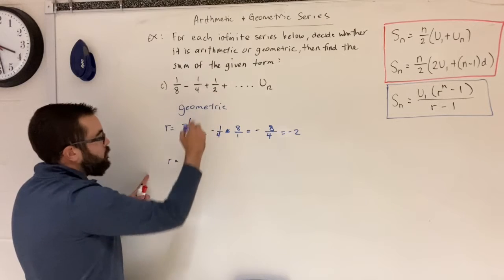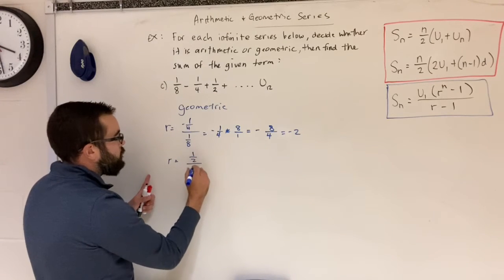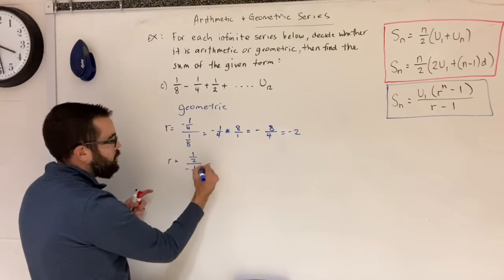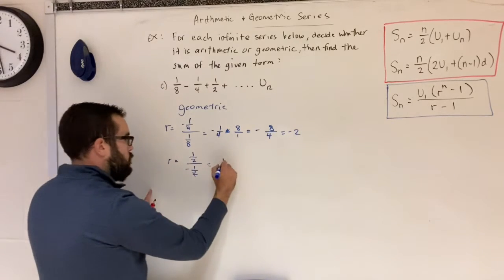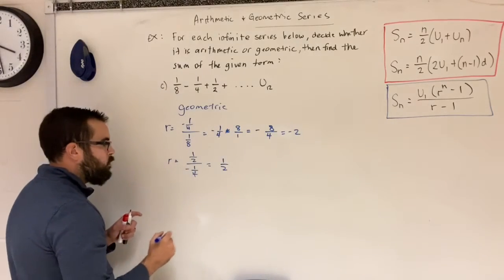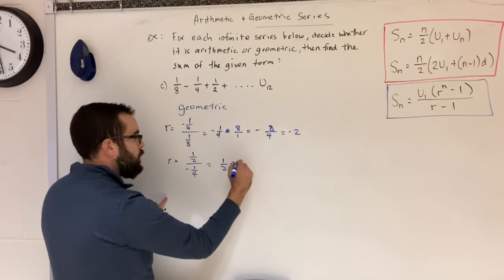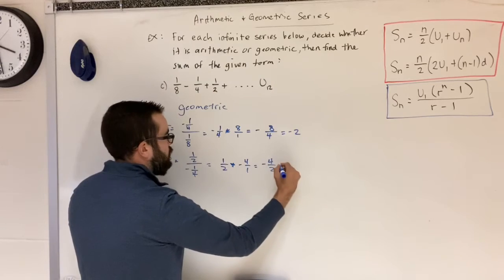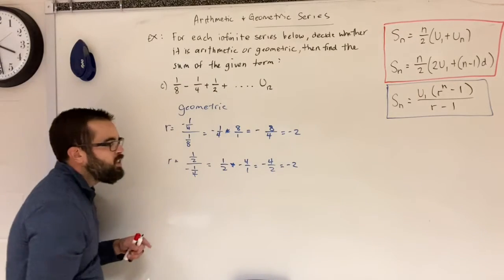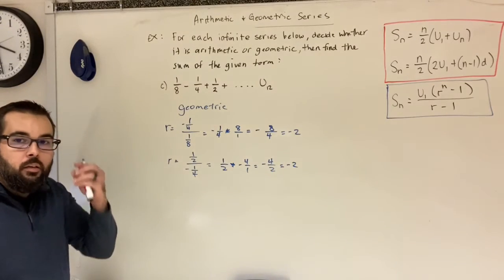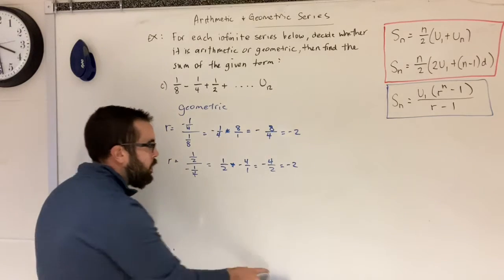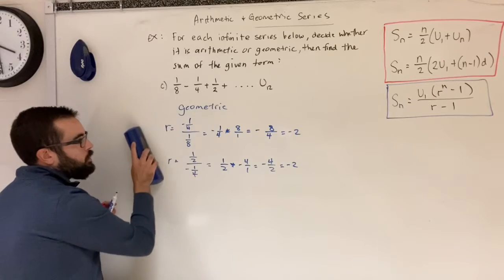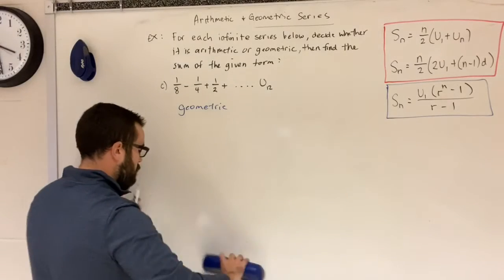So I should have 1/2 divided by negative 1/4, which is 1/2 times negative 4 over 1, which is negative 4 over 2, which is negative 2. So my ratio is matching up there. All right, so I'm going to erase this just to give myself the rest of the board. Our ratio is negative 2.